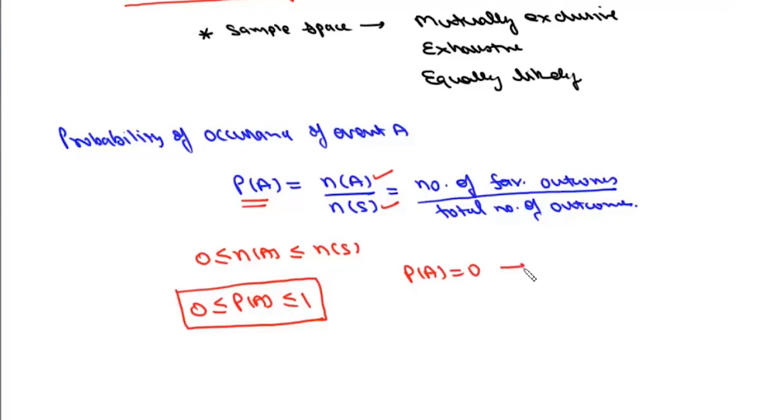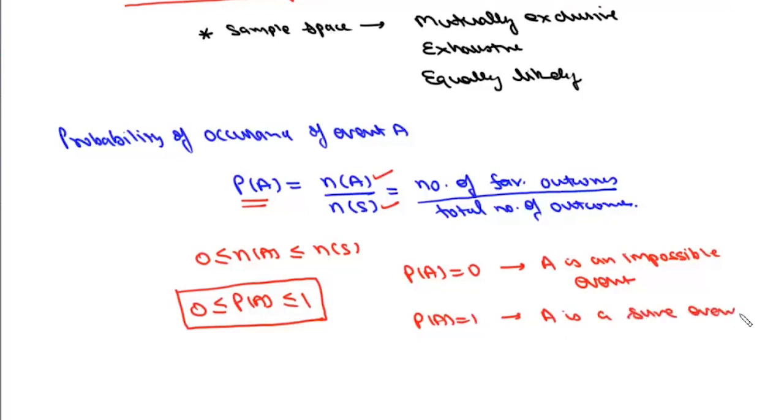In that case, we'll say this A is an impossible event. And if the probability of A is 1, that means whenever we perform this random experiment, A is certain to happen. So in this case, A is a sure event. So any probability will always lie between 0 and 1, both inclusive. And this is the classical definition of probability.